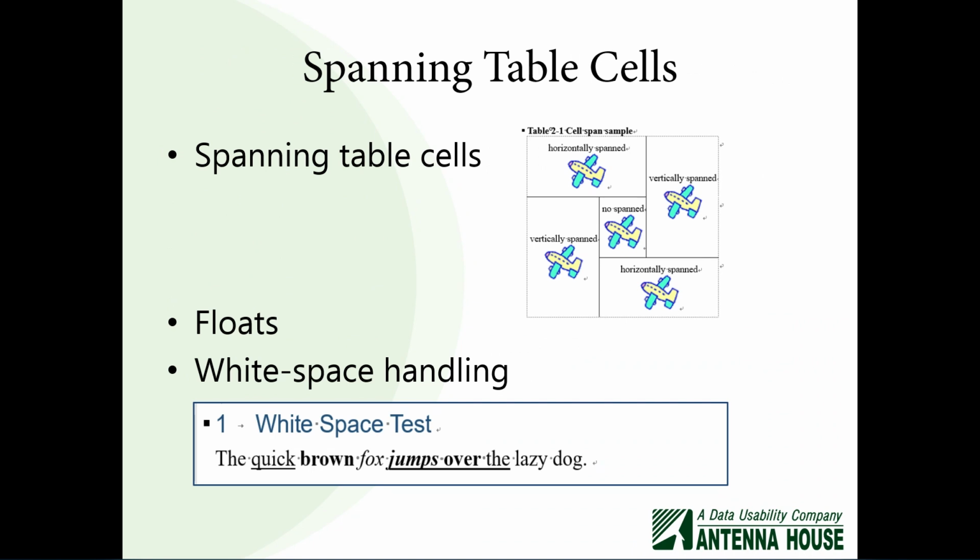Features that I could extract from the Japanese presentation, the ones with graphics mostly, are that it implements spanning table cells where you can center or align the content within the spanning table cell, as well as floats. My understanding is the white space handling is better in this plugin than in alternative plugins.